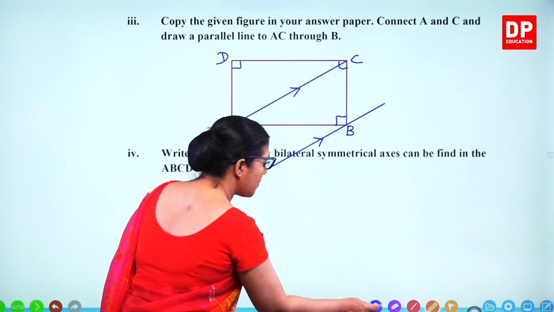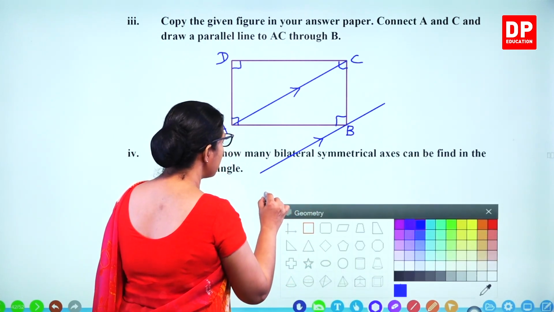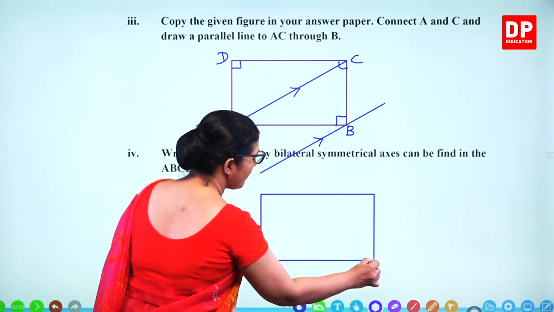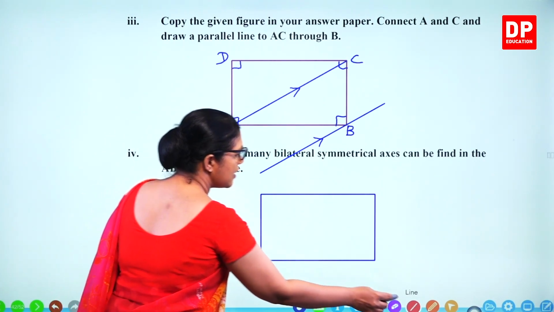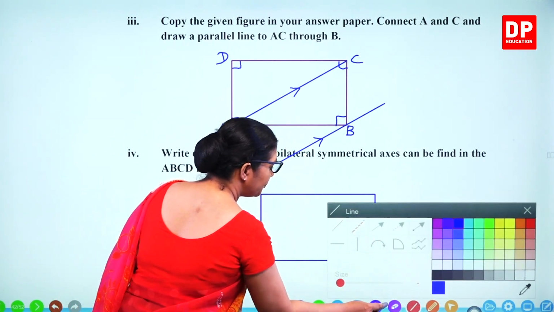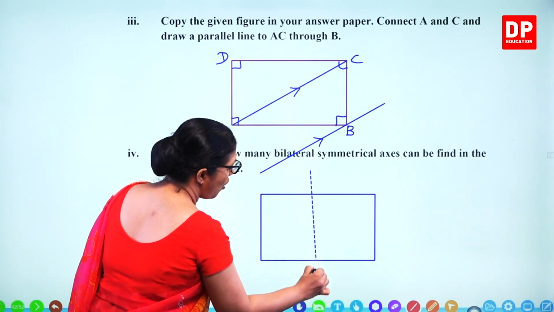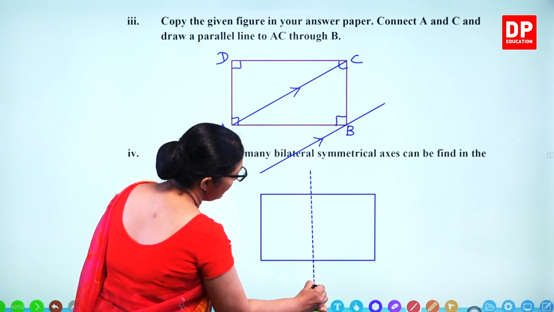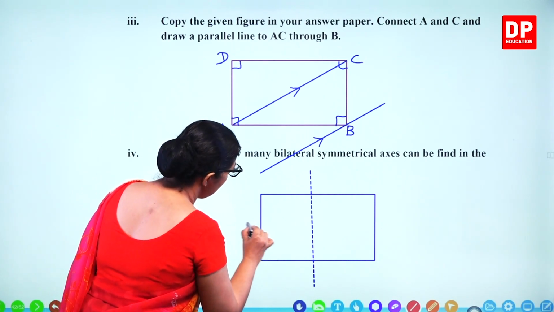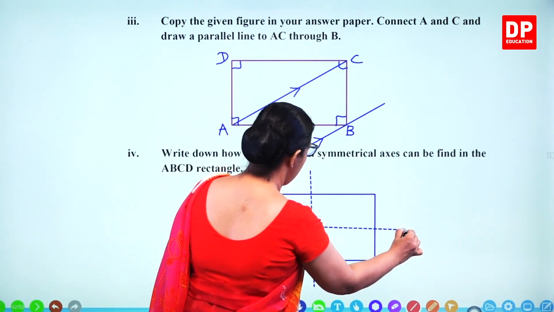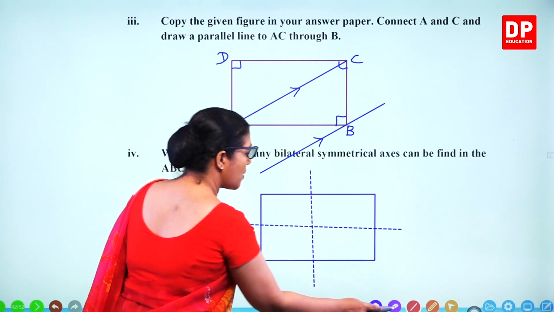How many bilateral symmetry? So you can draw another rectangle and write down how many bilateral symmetry. You get 2. Along this way, you get 1 axis of symmetry, and along this way also the other axis of symmetry.